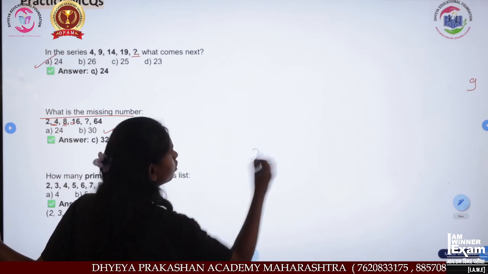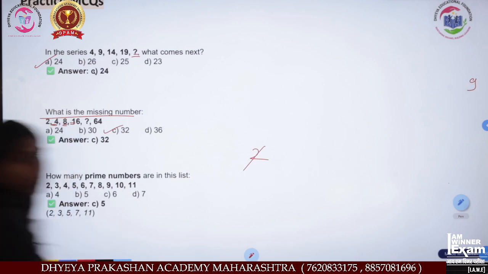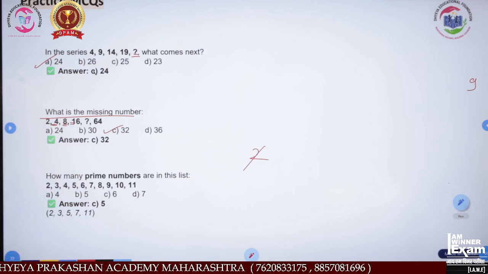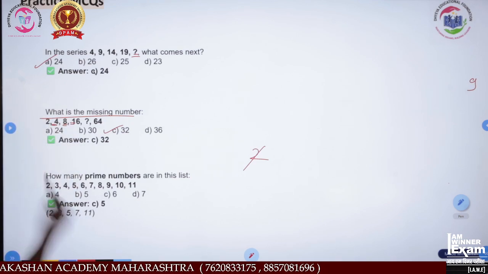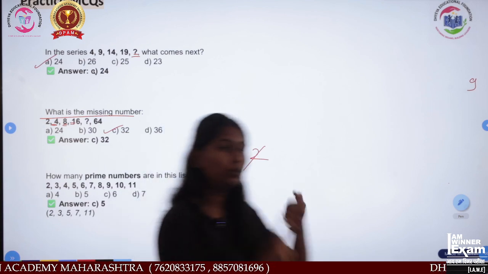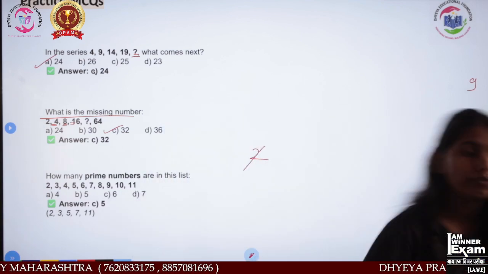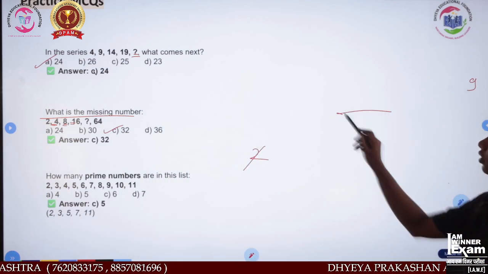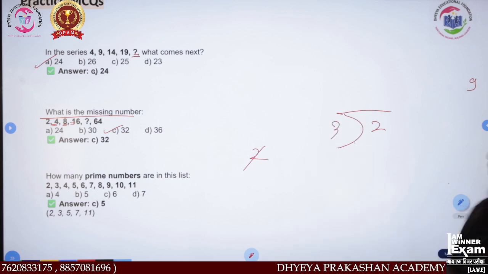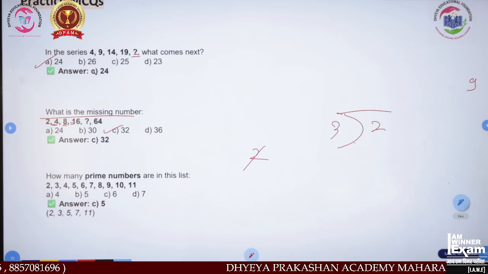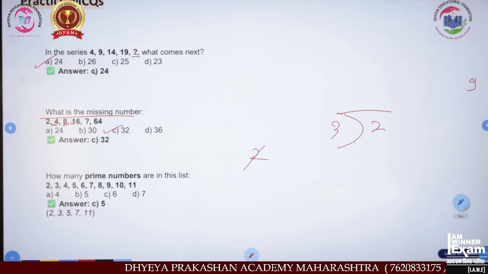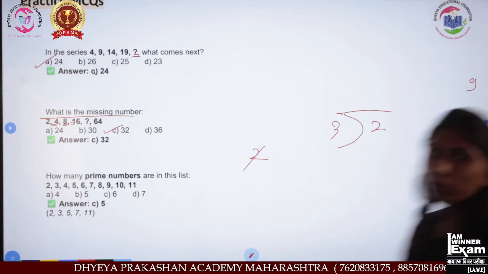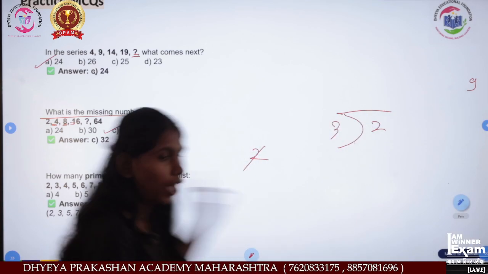If you take 2, 2 ones are 2, so 2 is divisible by 2 and 1 only. If you try to divide 2 by 3, 4, 5, 6, 7, 8, up to any number, the 2 will not get divided. Okay? You can divide 2 only by 2 and 1.